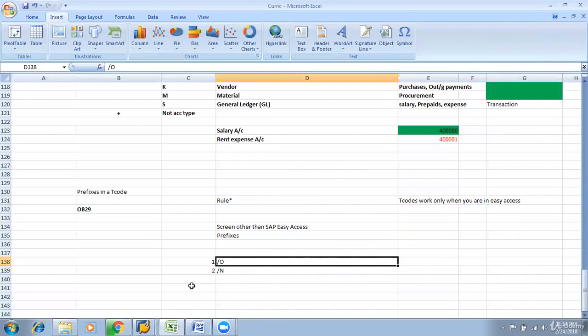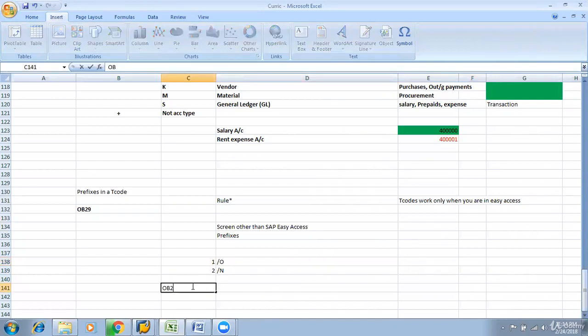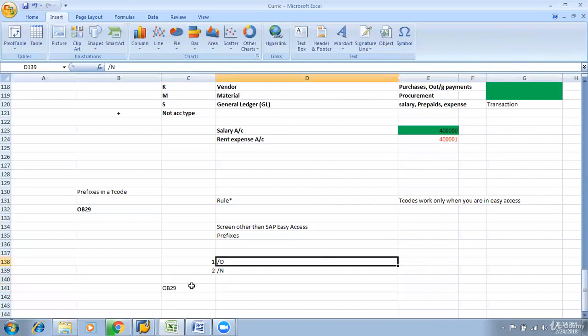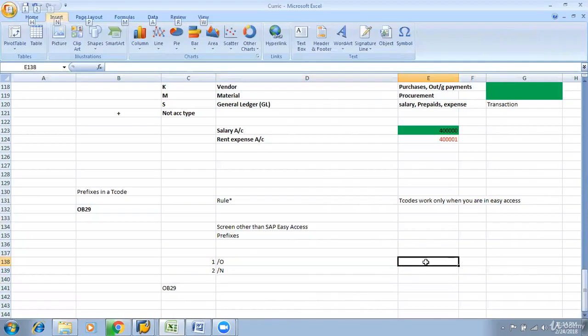An example, if I'm using OB29, in the first case, I would be using /o OB29. This is how it works. If it's /n, how does it work?